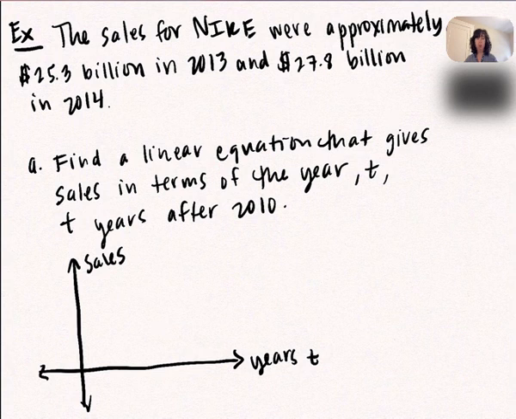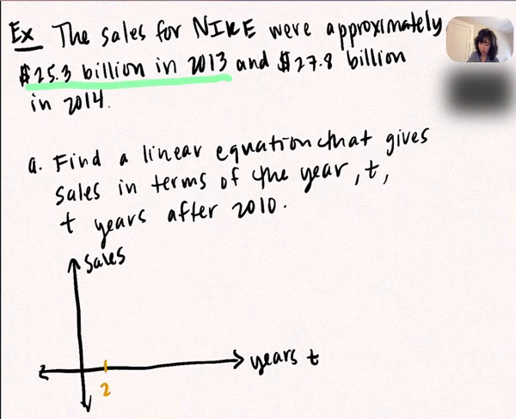At this point, I'm going to try to plot 2 points based on the info given here so that I can then find a line equation to connect them. So we're told that the sales are 25.3 billion in 2013. So what I can do is plot a point at 2013 and 25.3 billion, like right there.